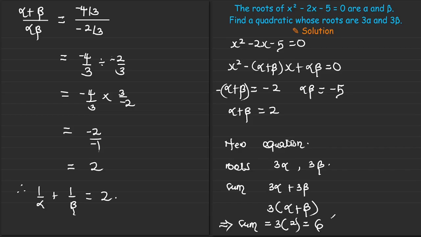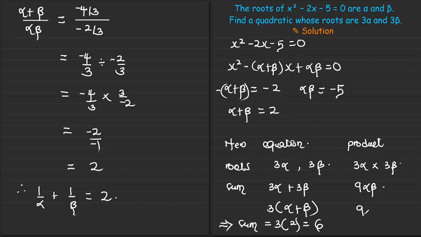We've gotten the sum. What then is the product? The product of the roots is going to be 3 alpha times 3 beta. That gives us 3 times 3, which is 9, so 9 alpha beta. We know our alpha beta is negative 5.